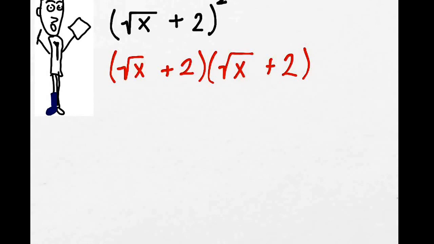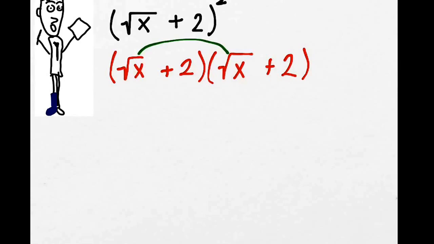Okay. Now, the beginning part is a little scary, but it's not something that you're not capable of learning or seeing or following or getting. Just take it step by step. So I'm going to show all my work. So I've got a root x multiplying with a root x. That's the first thing in my FOIL multiplication. When I multiply this root x with this root x, because they're both underneath a radical, I'm going to keep them underneath a radical.